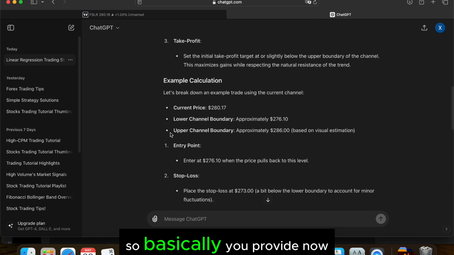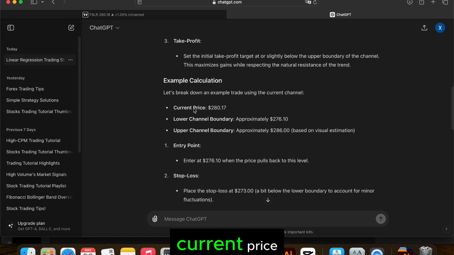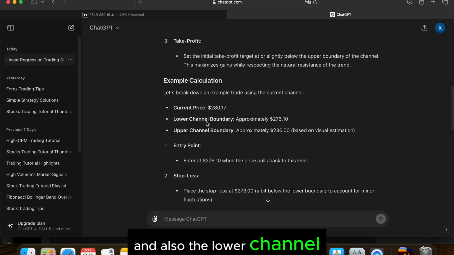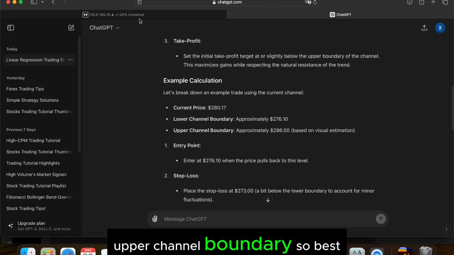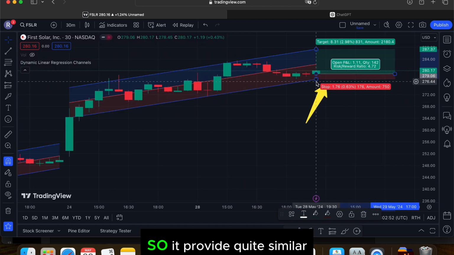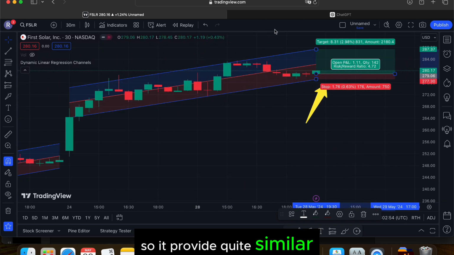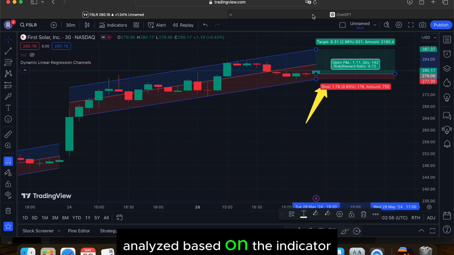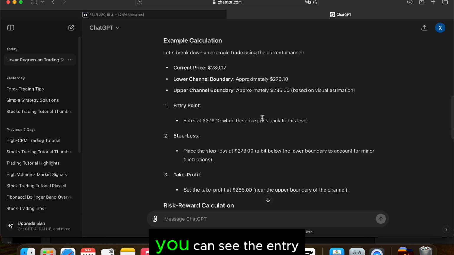So basically, it will provide the current price and also the lower channel boundary and upper channel boundary. So you can see it provides quite a similar analysis based on the indicator, and the entry point is also quite similar based on the channel.